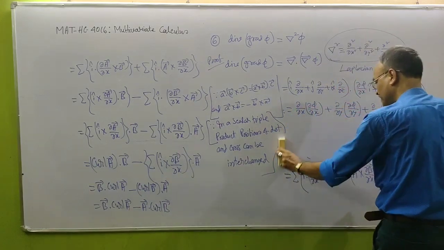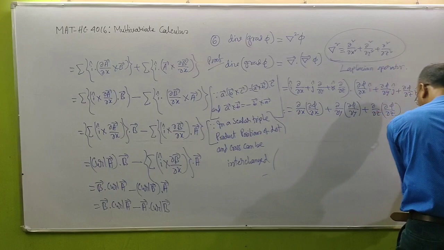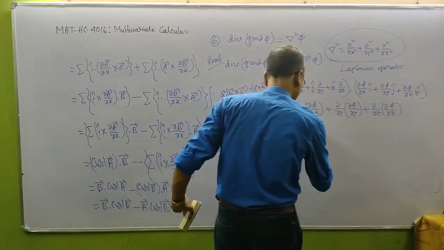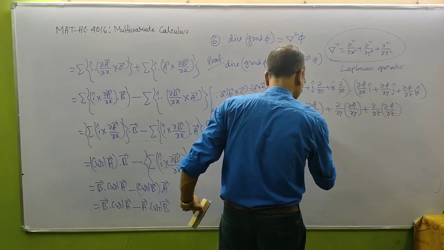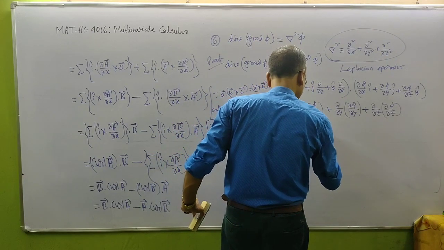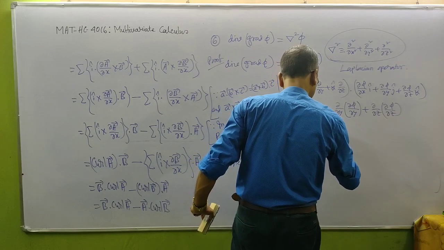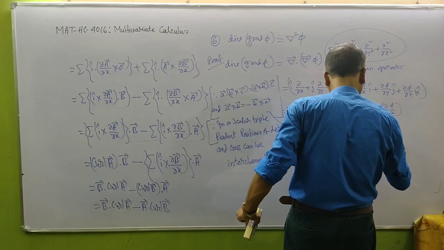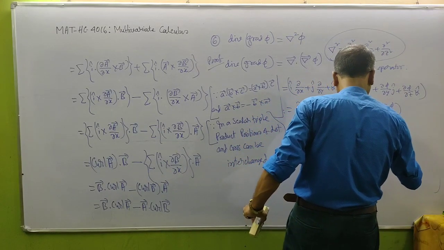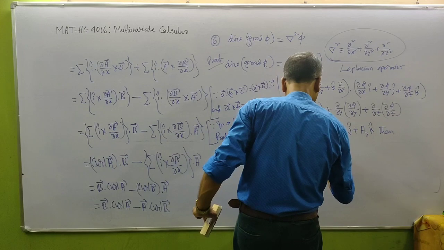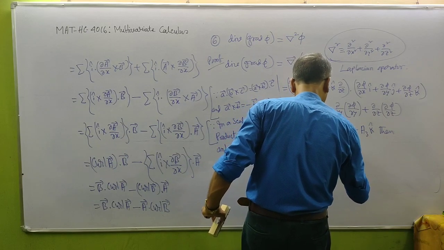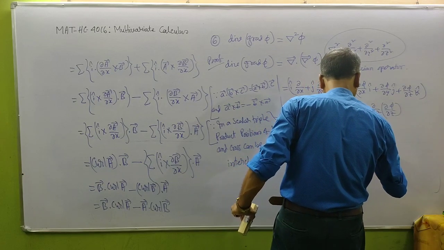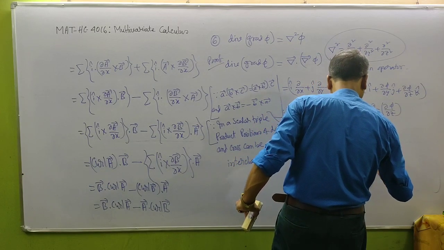Let me remind you the formula, the theory. Divergence: if a vector A equals a1 i cap plus a2 j cap plus a3 k cap, then divergence of A vector equals delta a1 by delta x plus delta a2 by delta y plus delta a3 by delta z.